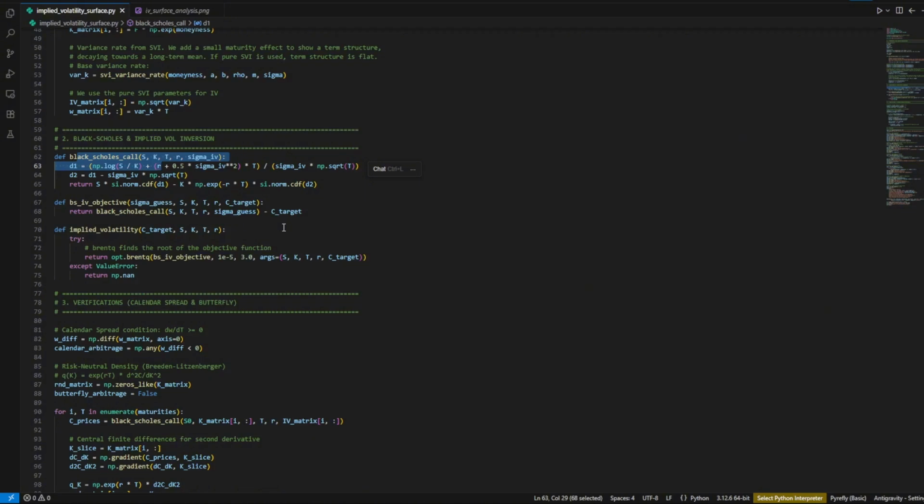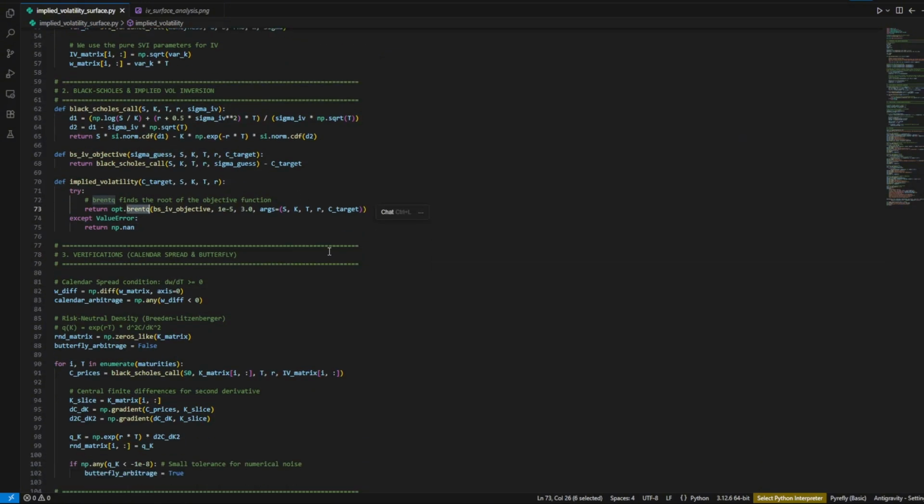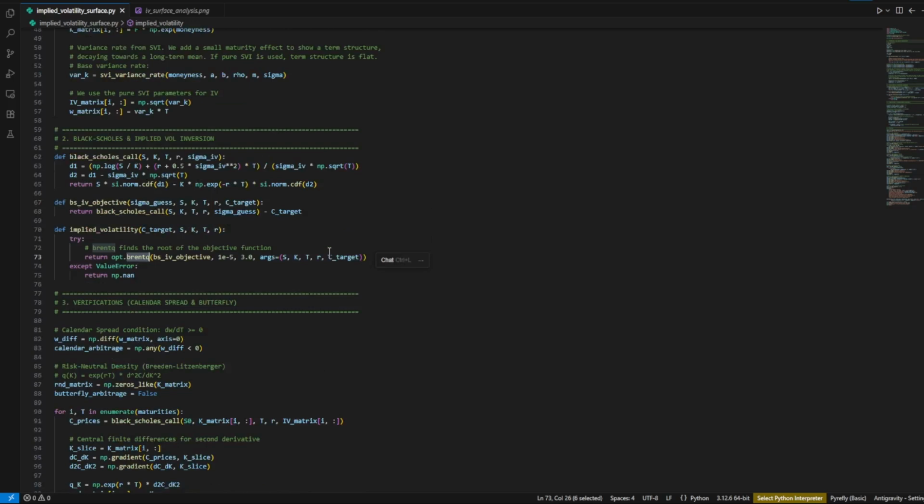So the script provides the function implied volatility, which uses the optimize brentq to find the root of the objective function. So Brent's method is preferred for its robust convergence properties when bracketing an interval.